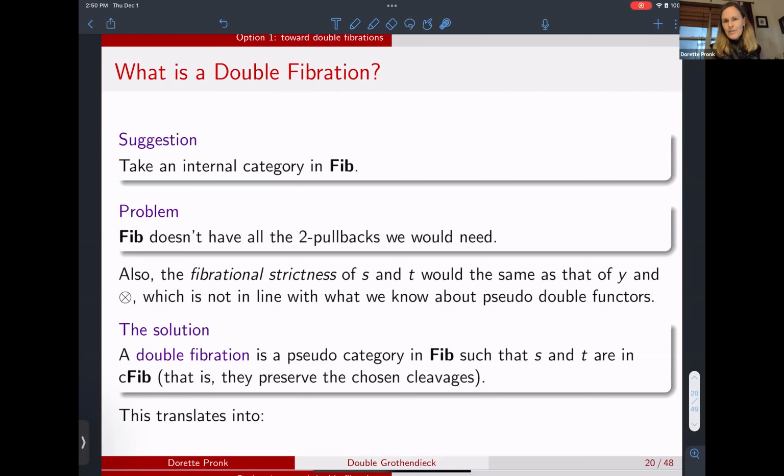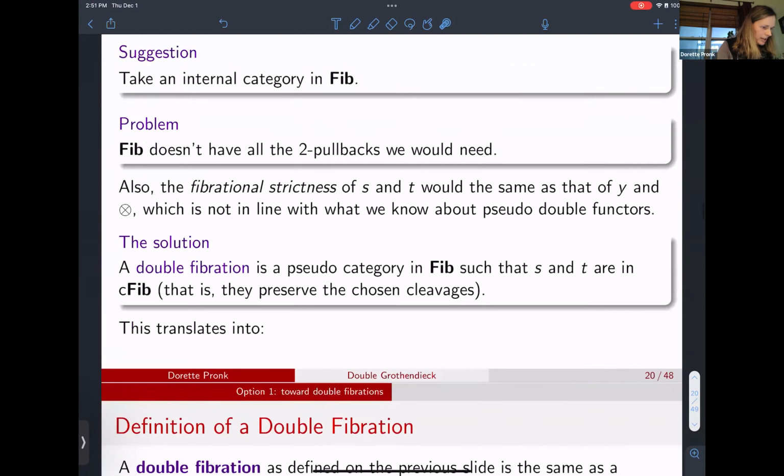We know that's not what we want for double functors. So a double fibration needs to be a pseudo category in CFib. Well, sorry, not in Fib, but such that source and target are in CFib. So there, for source and target, we want the stricts. And then that ensures that you can also take the pullbacks that you need in order to do composition for your category object.